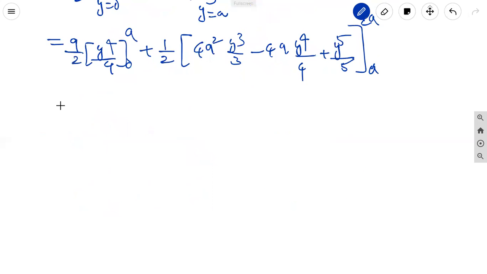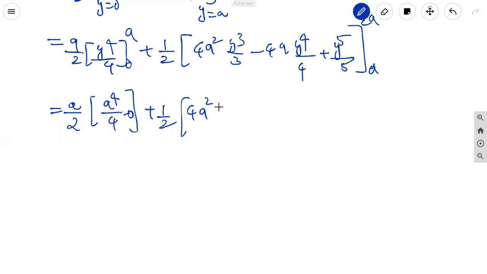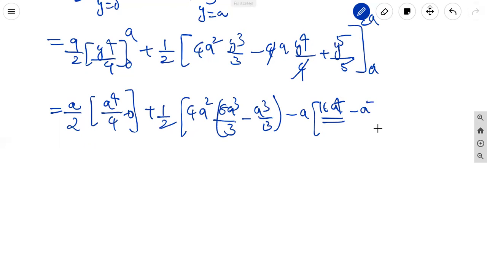Now upper limit and lower limit: a by 2 into a to the power of 4 by 4 minus 0, is 0, plus 1 by 2, 4a square into (2a) whole power 3, means 8a cube by 3 minus a cube by 3, minus 4a into 2 4s are 16, a to the power of 4 by 4 minus a to the power of 4, plus a to the power of 32, a to the power of 5 by 5 minus a to the power of 5 by 5.